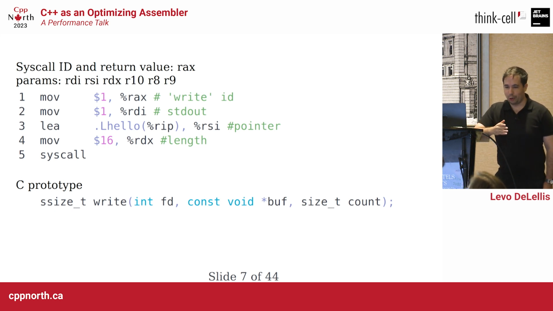Since our goal was to do a hello world, we're going to go over the write function. Line 3, load effective address, is a little more complicated. Earlier I said that you want to have a shorter encoding if you can. So instead of having an 8-byte address, the compiler is doing a relative address compared to the instruction pointer.